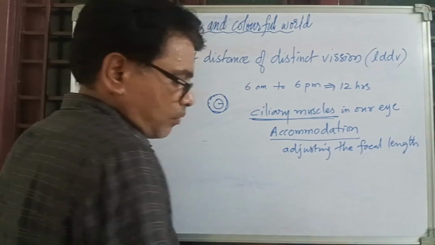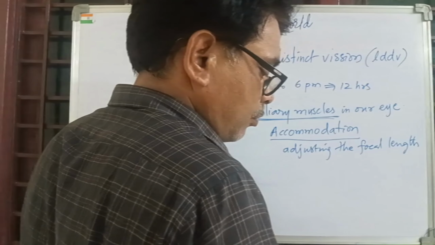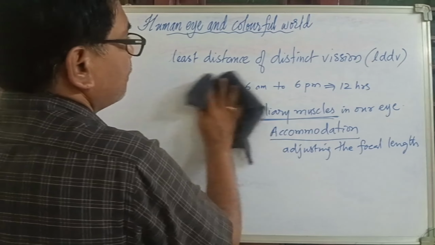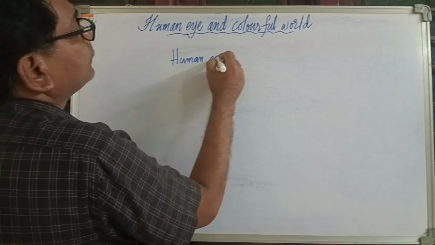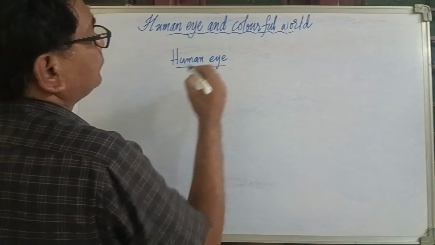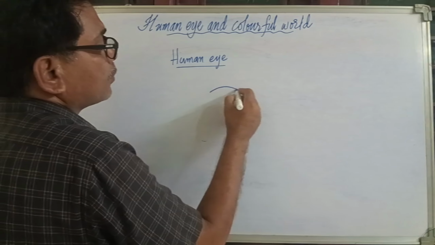Okay, now the human eye. Let us draw the human eye and see the parts. Let me draw the structure of the human eye.